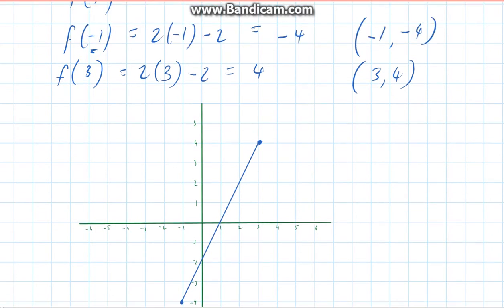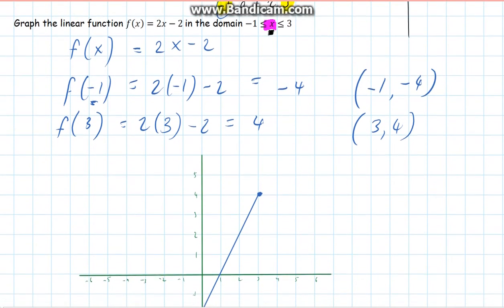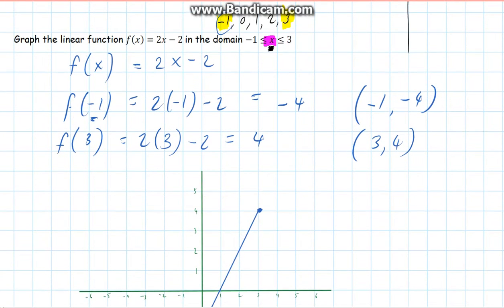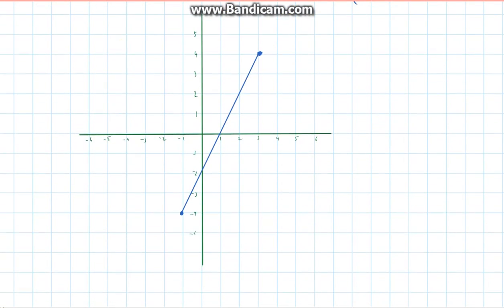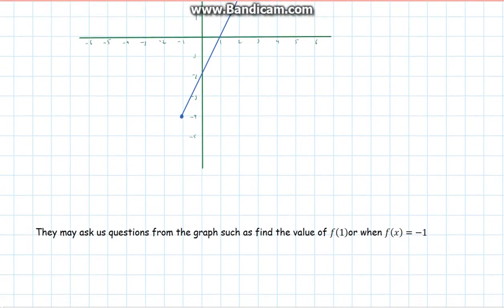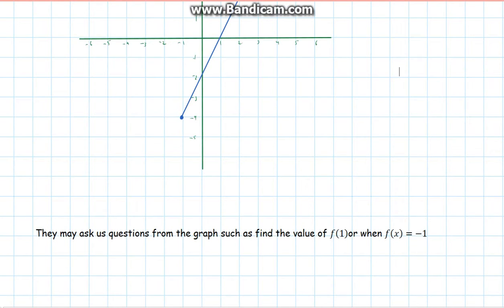So, graph the linear function f of x is 2x minus 2 in the domain minus 1 is less than or equal to x less than or equal to 3. That's it there. But they might ask you some questions about reading off this graph. This graph isn't a really good example, because there will be better examples in your book, but this will give you the gist of it. They may ask you, find the value of f of 1. That means when x equals 1, because the 1 is in the place of the x.